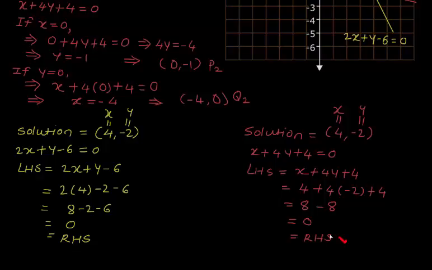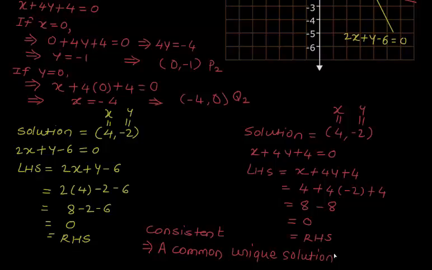So we have verified that the common solution 4, -2 satisfies both the linear equations. Hence this pair of linear equations is consistent. So this pair of linear equations is consistent as it has a common unique solution.